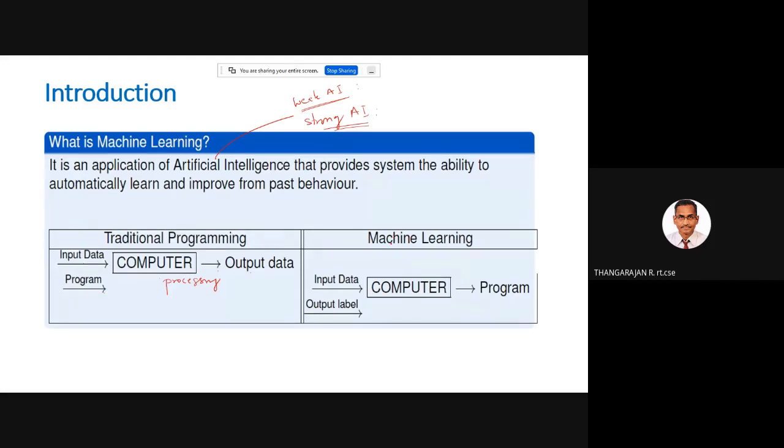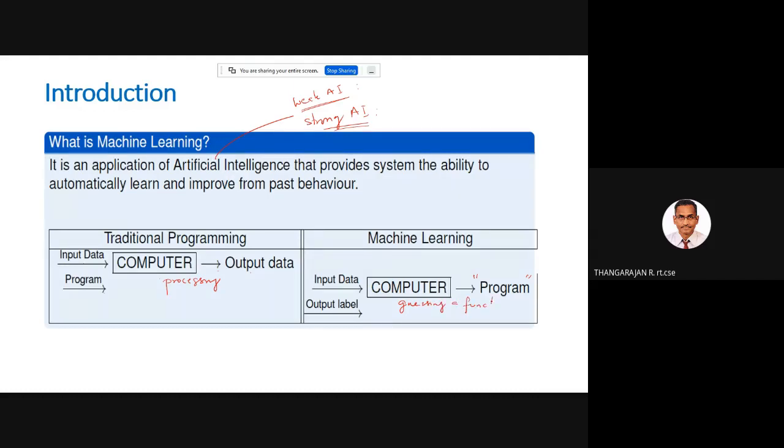Whereas in learning, the computer is given the input as well as the output label, and the computer will start creating a program. From the input and the output, it will start guessing a function.